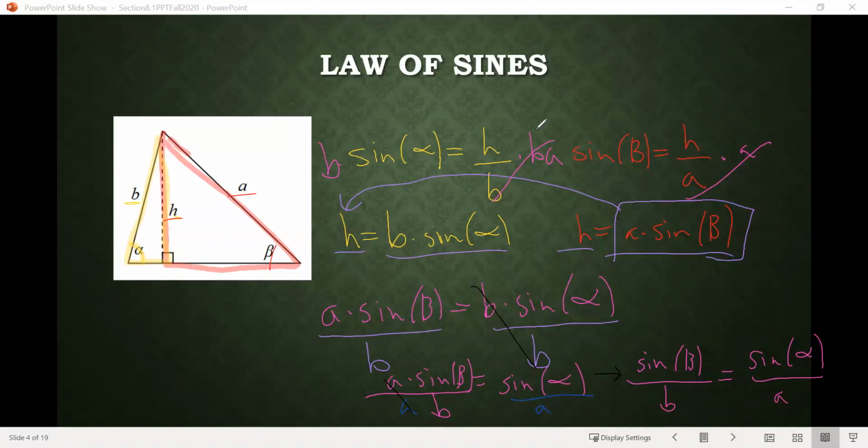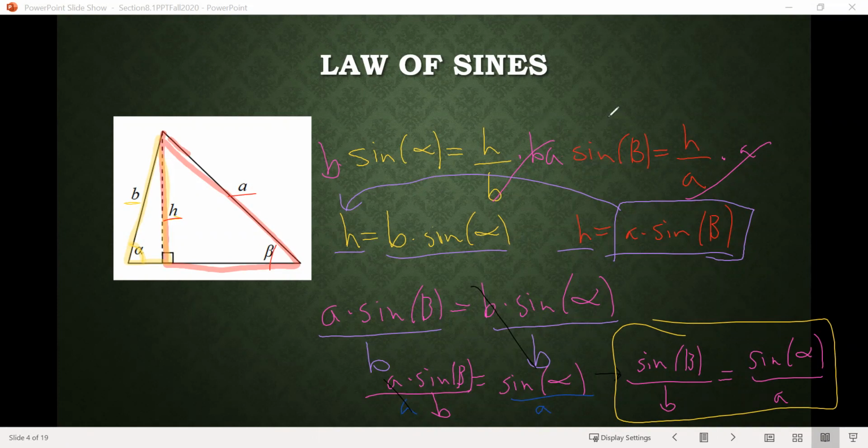And that there is our law of sines. Okay. So we actually don't end up with h in there at all. But it does give us this new equation. So we have that sine of beta over b equals sine of alpha over a, which is kind of cool. Maybe not something you expected.